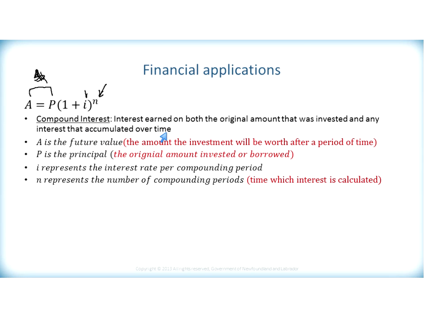So it doesn't only include what you get now, but you also get interest over time. A is the future value, the final amount, what the investment will be worth after a period of time. P is the principal, the original amount invested or borrowed. i represents the interest rate per compounding period, and that's very important, per compounding period. And n represents the number of compounding periods.